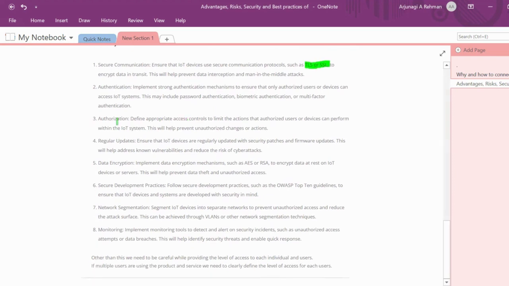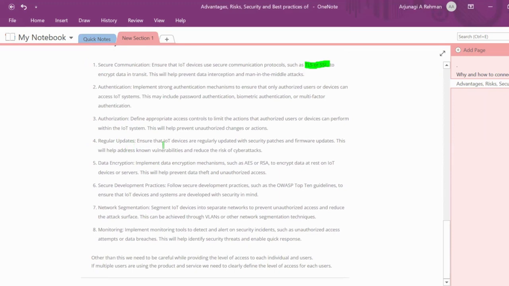Third point is authorization. Define appropriate access control to limit the actions that authorized users or devices can perform within the IoT system. This will help prevent unauthorized changes or actions.